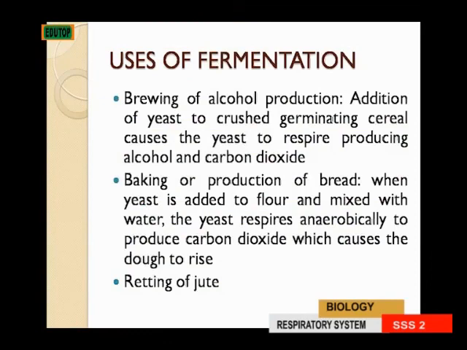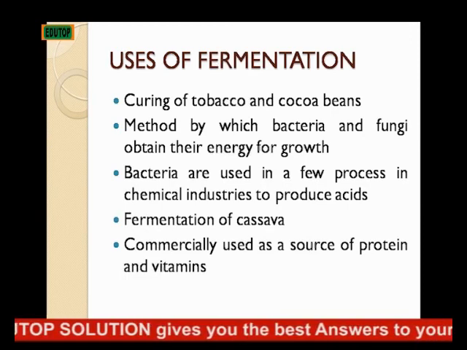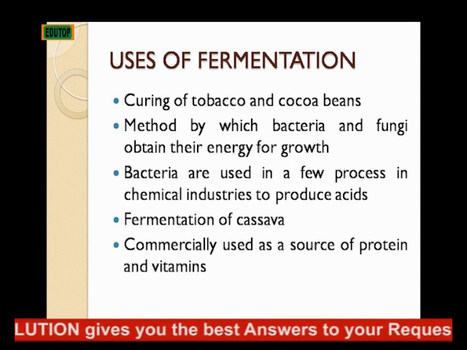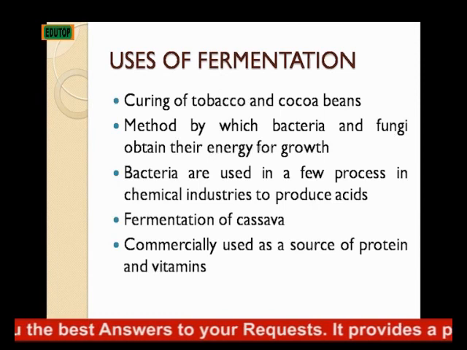Also, fermentation is useful in retting of jute, and in curing of tobacco and cocoa beans. It's also a method by which bacteria and fungi obtain their energy for growth. Bacteria are used in a few processes in chemical industries to produce acid. So, for acid production, also for the fermentation of cassava.